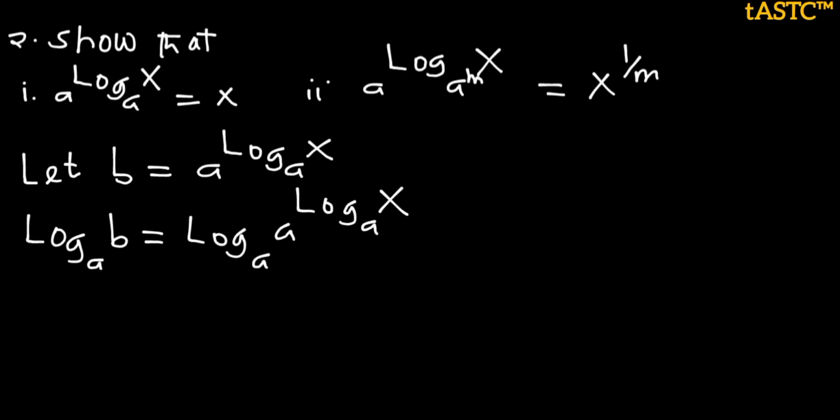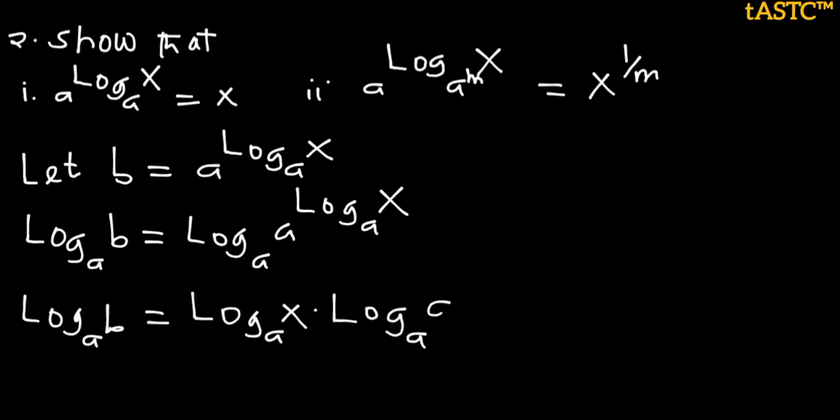So from the laws of logarithm, I'm going to use the power rule to take this part to the front. That will be equal to log to the base a of x multiplied by log to the base a of a. Now obviously this is going to give me a 1.